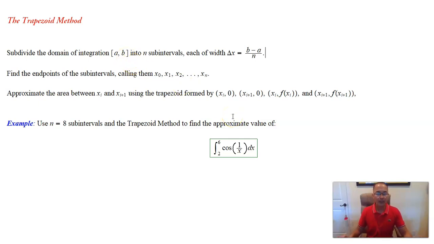So instead of approximating the integral with a rectangle, which is what we do with left endpoint or midpoint approximation, we will use, as the method implies, a trapezoid to approximate the region, the area within xi and xi plus 1.